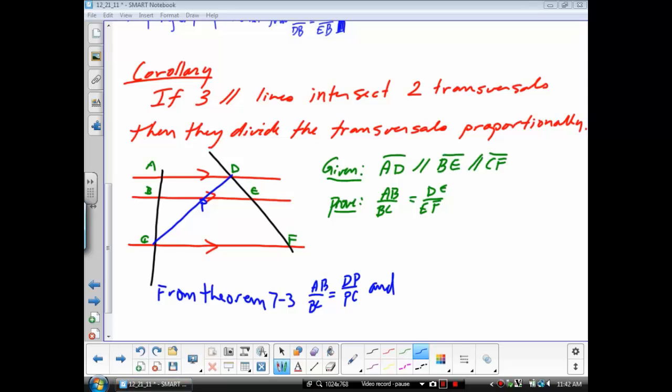Now look at triangle DCF. In triangle DCF, we have the same thing happening. This line that's parallel to CF and goes through triangle DCF intersects the other two sides, so it has to cut those two sides proportionally. Which means that DP is to PC as DE is to EF.